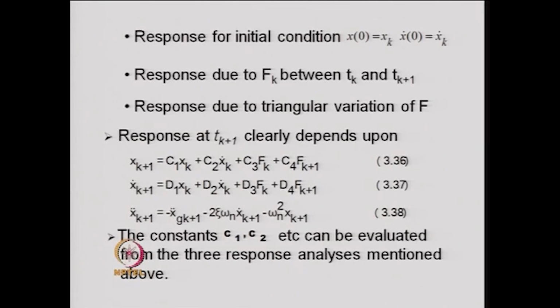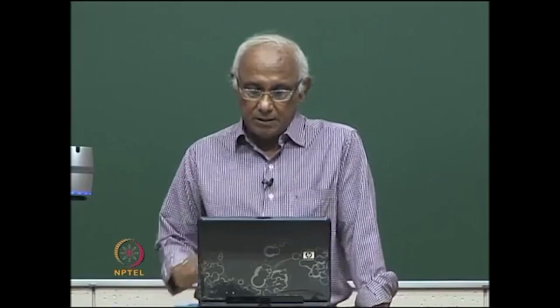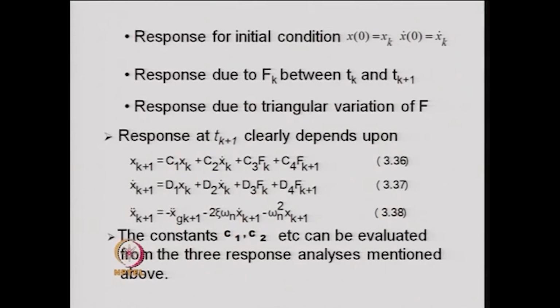So, this is the first part of the response. The second part of the response is due to f k, that is constantly acting over the duration of time delta t, and the third portion is the triangular variation of the load between k and k plus 1.